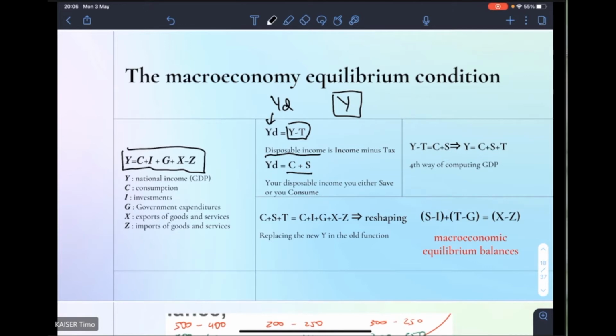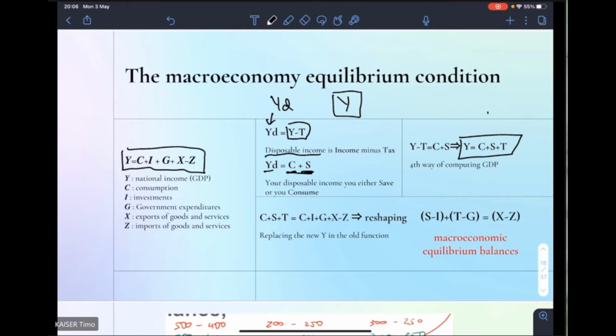That's all you do with your money in this Keynesian model. These are the only two possibilities. Therefore, YD is also equal to C, consumption, plus S, savings, because that's all you do. And from this new discovery, we can find actually a fourth way to calculate GDP, which would be Y = C + S + T.